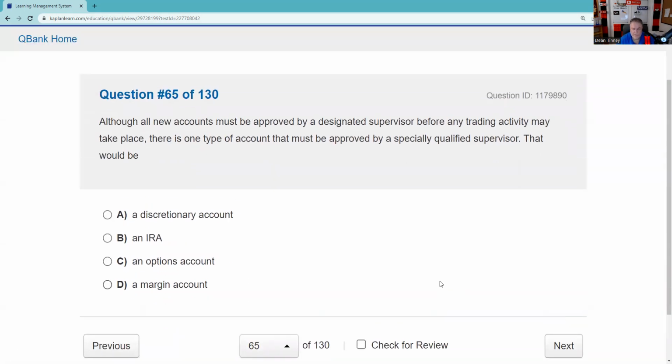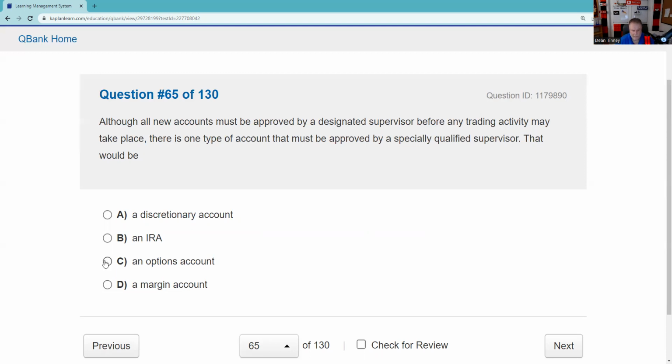Although new accounts must be approved by a designated supervisor before any trading can take place, there is one type of account that must be approved by a specially qualified supervisor. These are called registered options principals. And if you're going to be approving options accounts, you need to take them past what's called a Series 4.